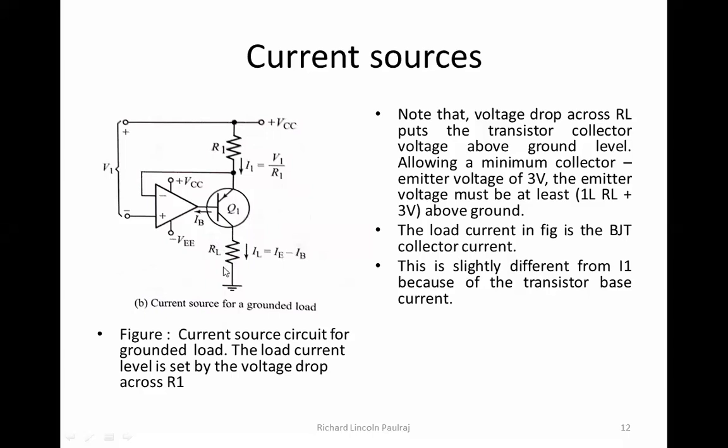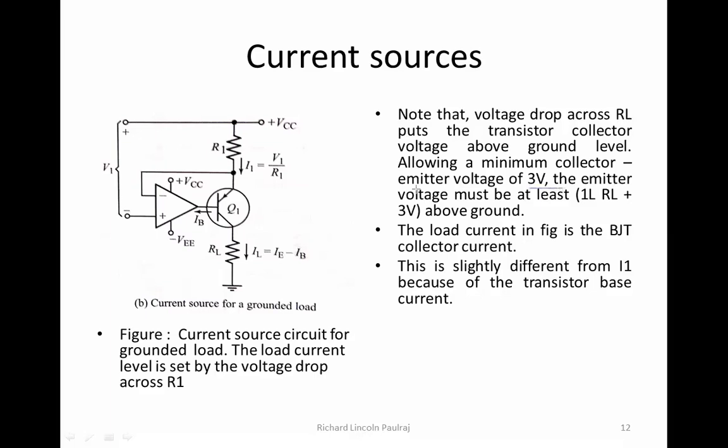Whatever voltage drop you have here means there is some kind of potential, so it is not at ground level but above ground level, allowing a minimum collector-emitter voltage of 3 volts. If we use a multimeter and check, we'll get a voltage of approximately 3 volts.